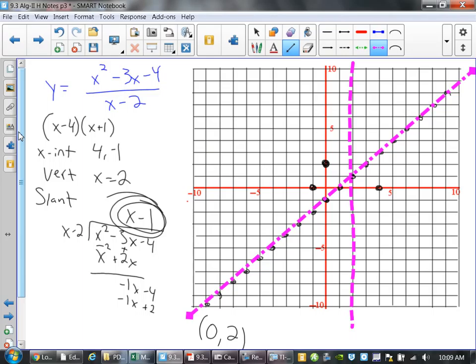So if I use 5, I'm going to get 25 minus 15 minus 4 over 3. 5 squared is 25, 3 times 5 is 15, so you get 25 minus 15 is 10, minus 4 is 6, 6 divided by 3 is 2.